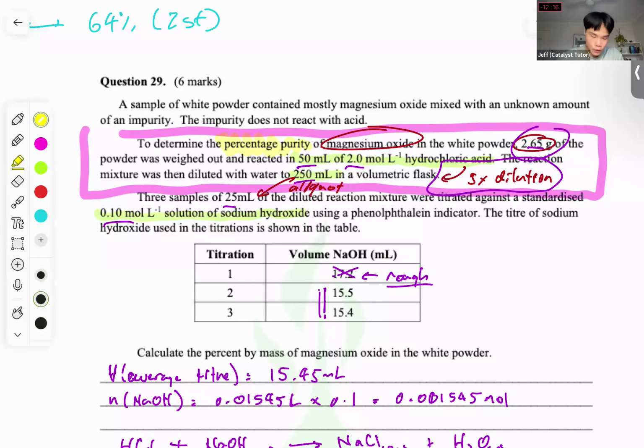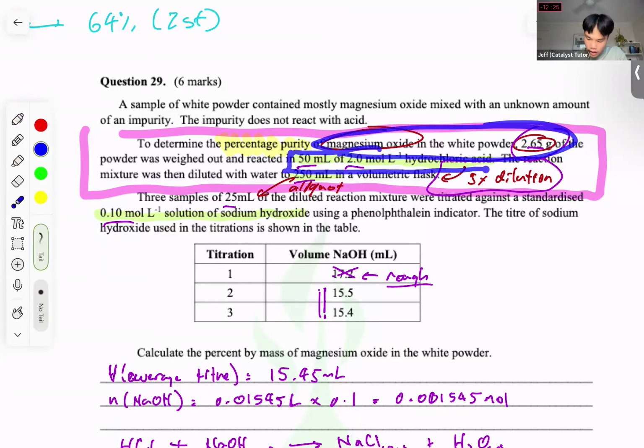And also, if you're weighing out a solid and putting it into a massive concentration of the opposite substance, like HCl for magnesium oxide, that's the step where you're adding in a solid and reacting off all of the solid with an excess amount of solution. That's usually your tell that it's a back titration. So watch out for that, and the percentage purity as well.